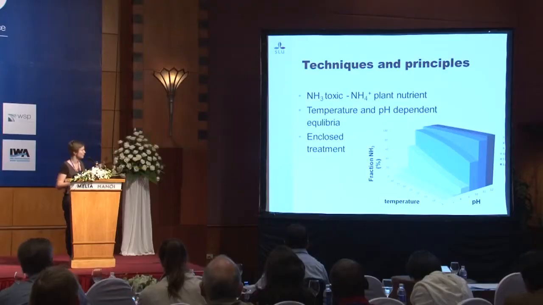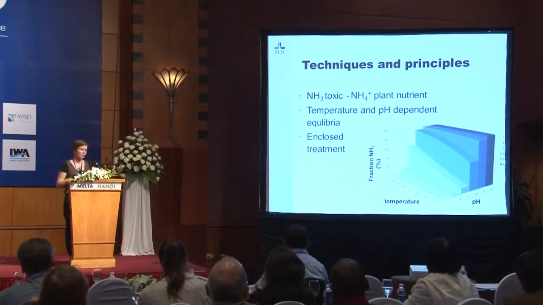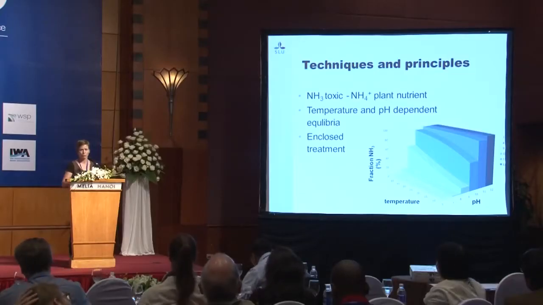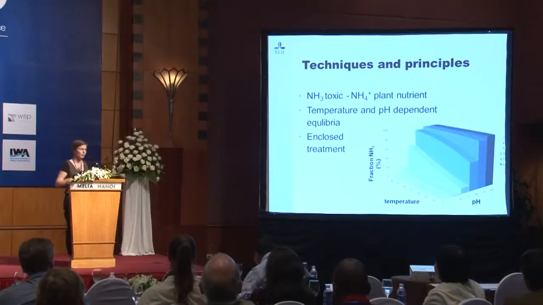That is, in a way, a simplification, but the higher the pH and the higher the temperature, the more ammonia is in the toxic form that actually inactivates the pathogens. But since that ammonia is also volatile, you have to have the treatment closed to not lose the ammonia. If you lose ammonia, the nitrogen content decreases in your fertilizer product.